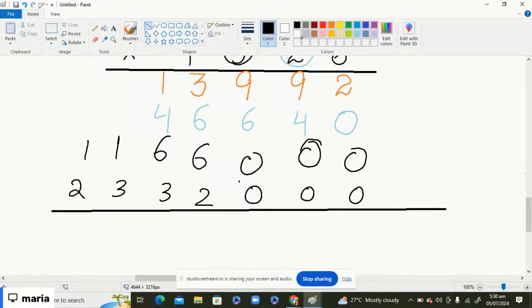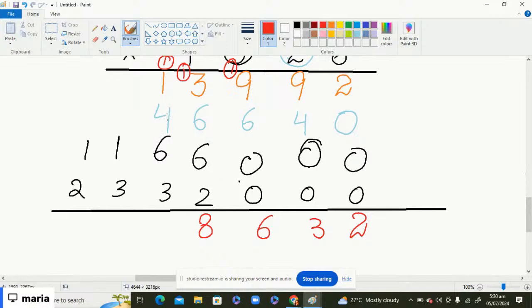Now we're just going to add up. So here, this is 2, and that one is 13. Putting up, that one is 16. Putting up again, it's 18. Putting 8, again 1 goes up.